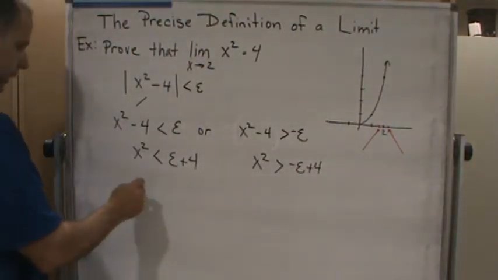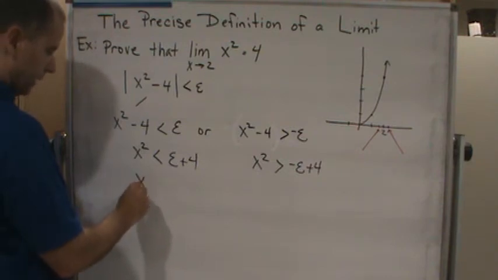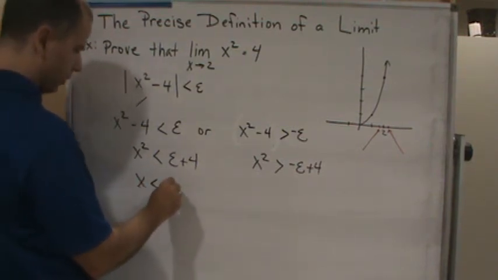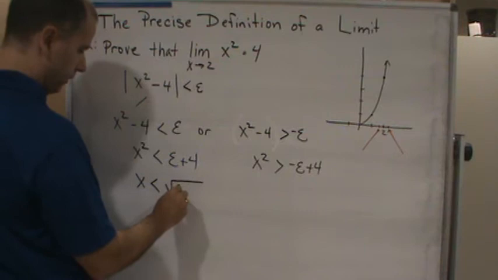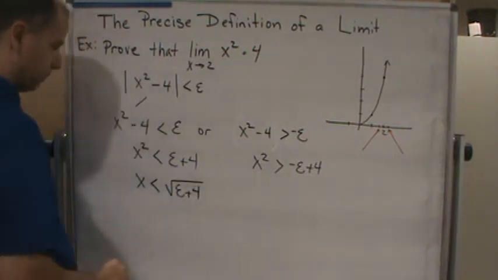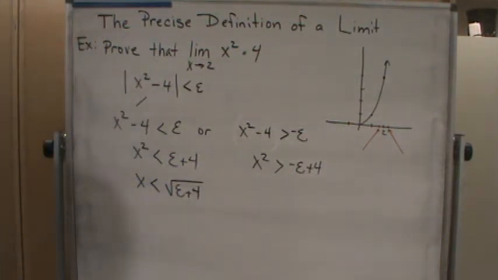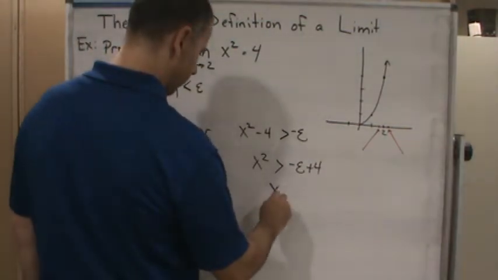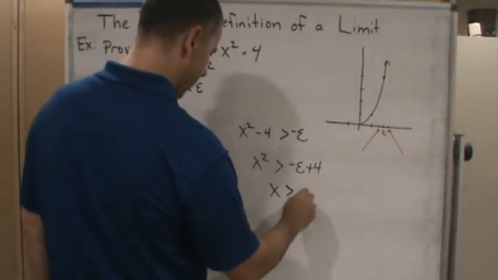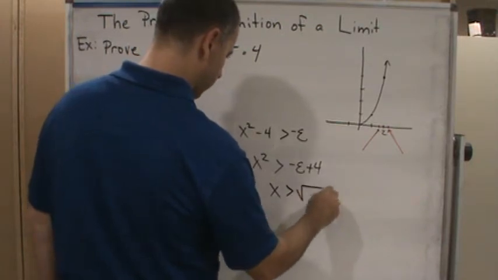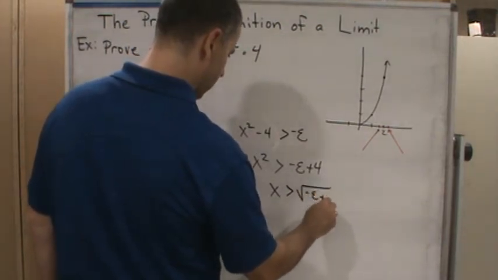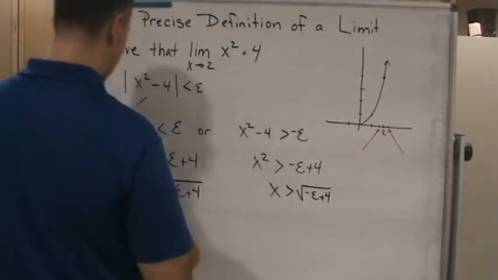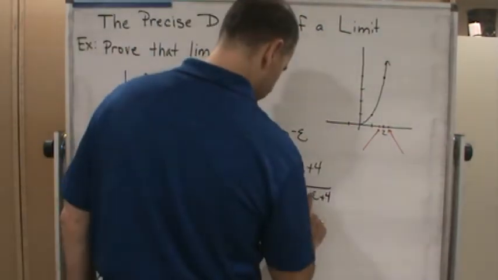And then over here we get what? We get x is less than the square root of epsilon plus 4. And here we get x is greater than the square root of negative epsilon plus 4, or 4 minus epsilon.